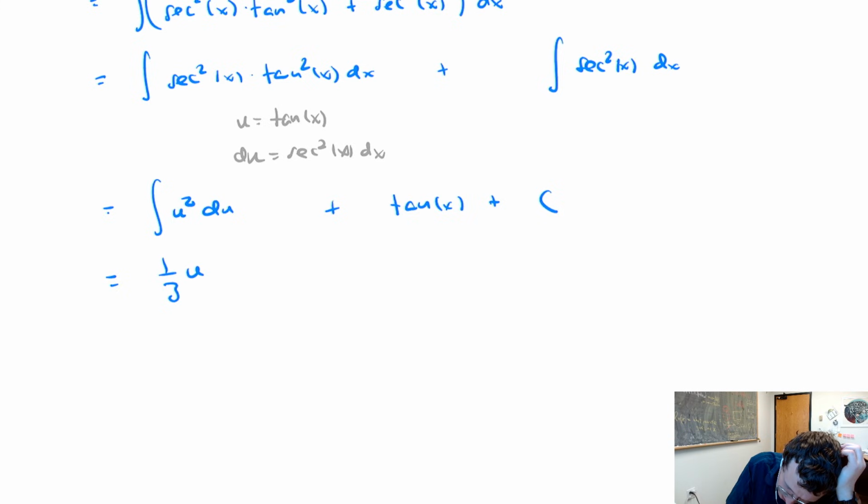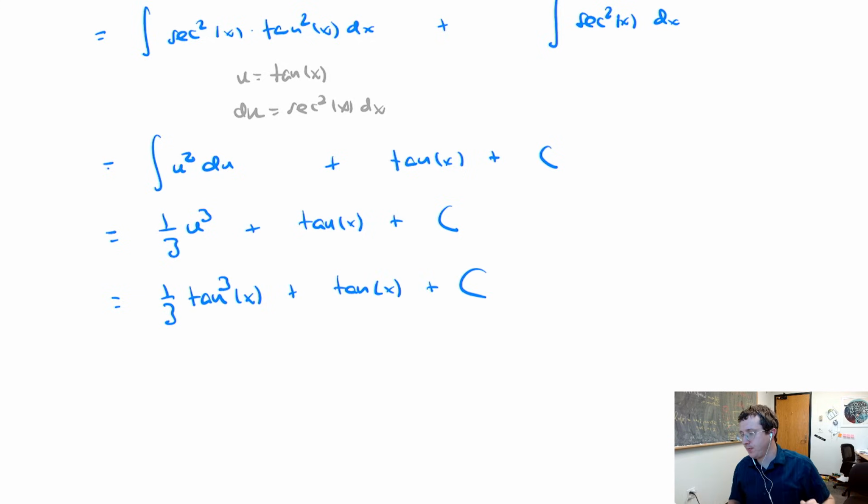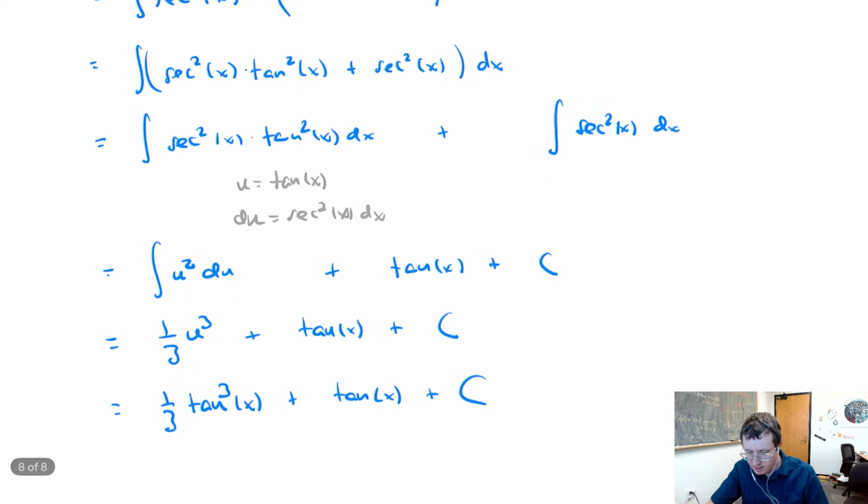The integral of u squared du is 1/3 u cubed. And if we substitute tangent x back in, this is tangent cubed x. There we go. One practice exam done.